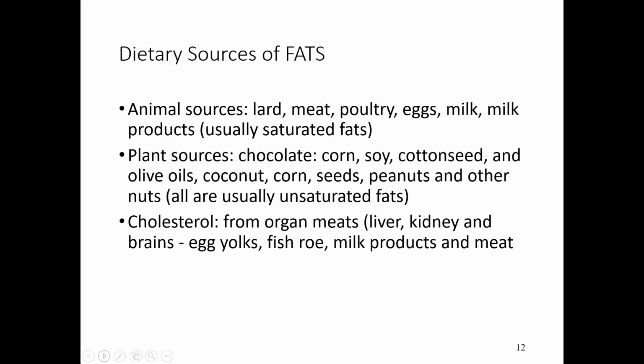Lard, rendered animal fat, often used as shortening. It does a wonderful job as a shortening agent in pastries, pie crusts, biscuits. It works like Crisco shortening does. And there's nothing wrong with it, again, the magic word is moderation.